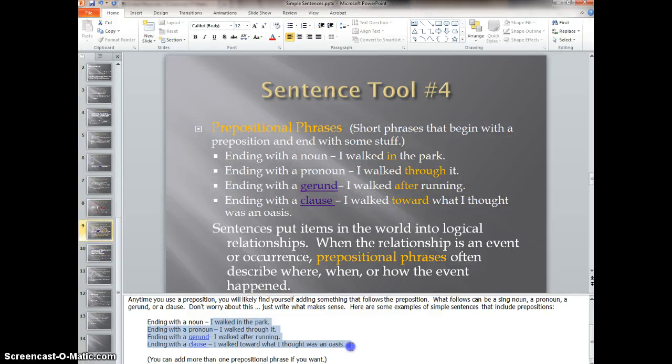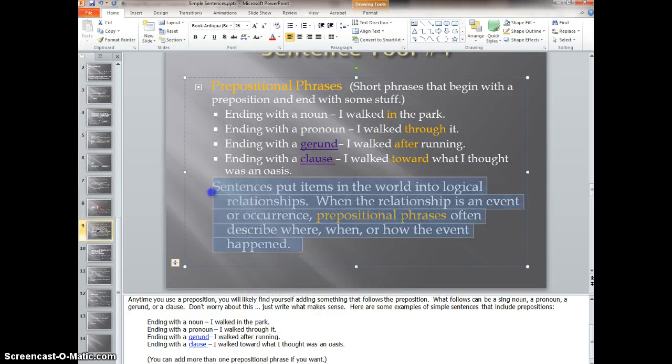So here, feel free to pause the video and review these different example sentences. And don't forget to read this part here where I describe the type of sentence you have. So if you have a relationship in your sentence that is an event, so I walked, or I talked, or I witnessed, or the car drove.